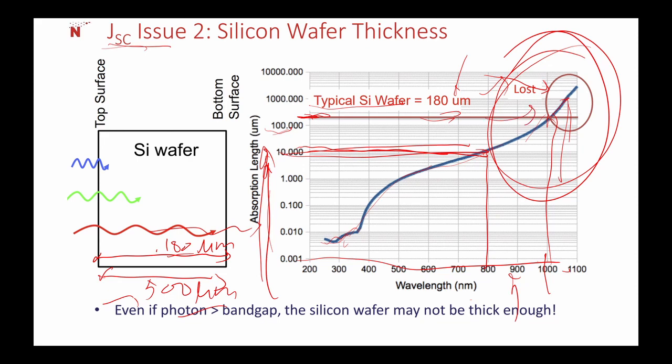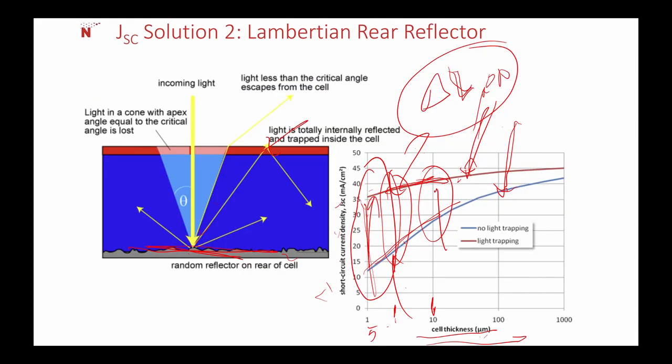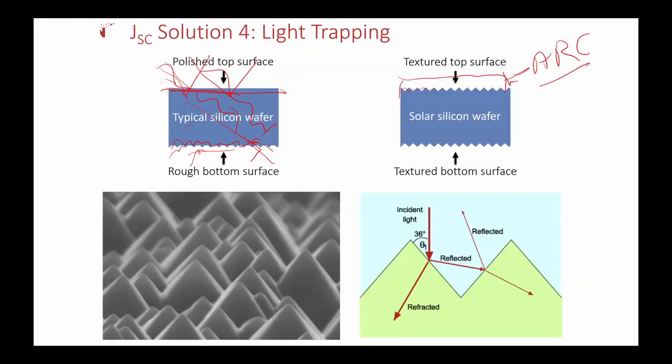But we can increase the efficiency even in a thinner wafer by several engineering processes: increasing the roughness of the bottom, doing surface texturing at the top and bottom, plus depositing anti-reflective coatings. Through this we can increase the light trapping, which will increase the short circuit current.